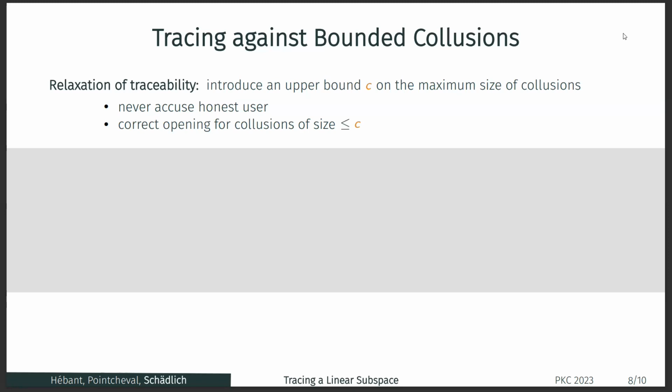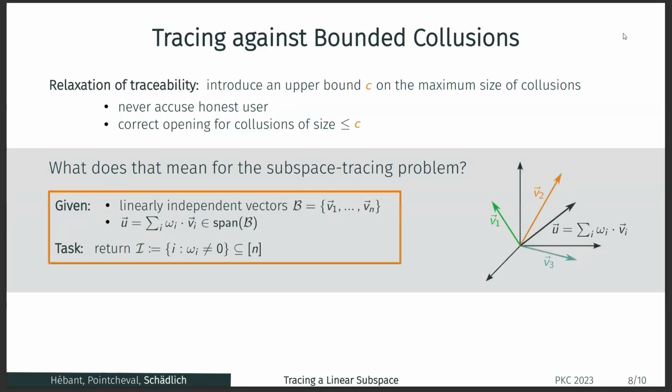However, a correct opening, in the sense of a complete opening, is only guaranteed for collusions of size up to C. If the size of the collusion exceeds this bound C, then it may happen that we do not find all the traitors. And what does that mean for the subspace tracing problem?